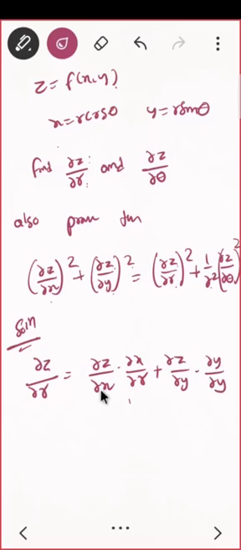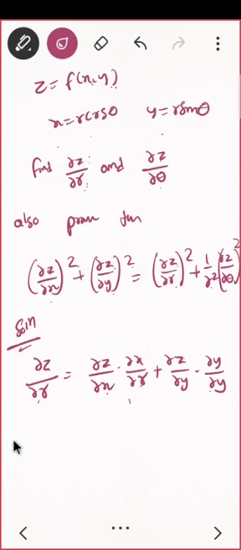Do you agree? Chain rule. Z is in terms of x and y and x and y both are in terms of r. So I will be having two terms. From here you can get dou z by dou r.